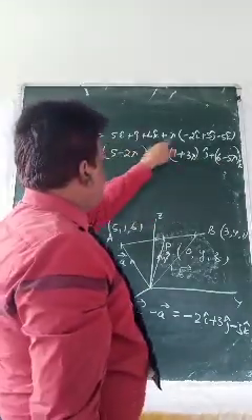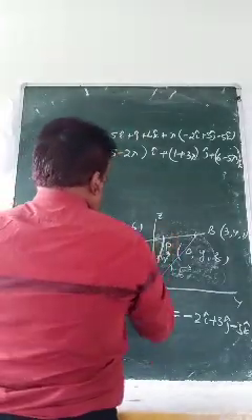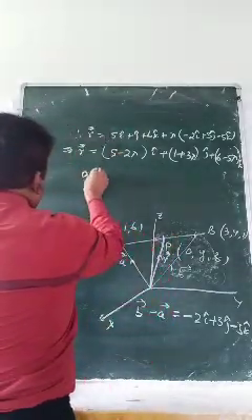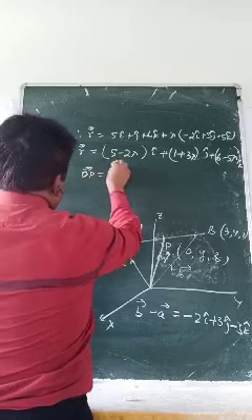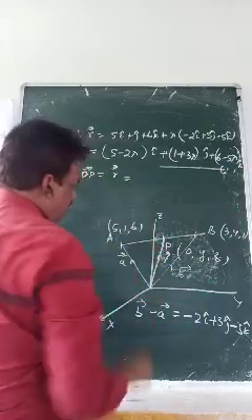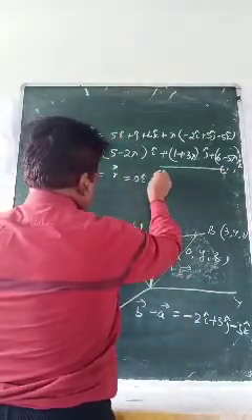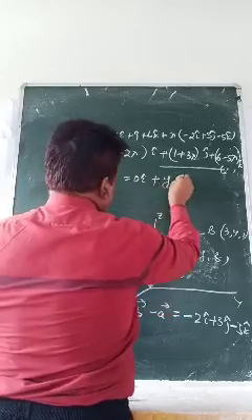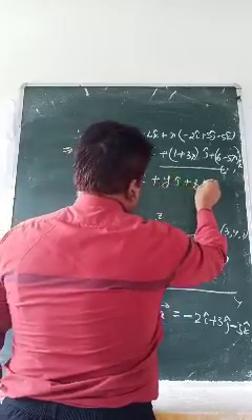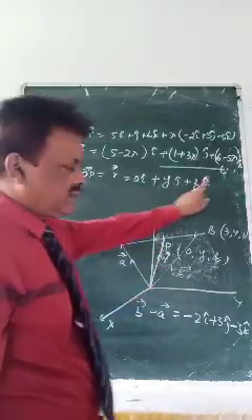So simplified. Now tell me what is R vector. OP equals R vector. This is, suppose, equation number 1. R vector will be what? 0i + yj + zk. If I join to origin, R vector will be this.